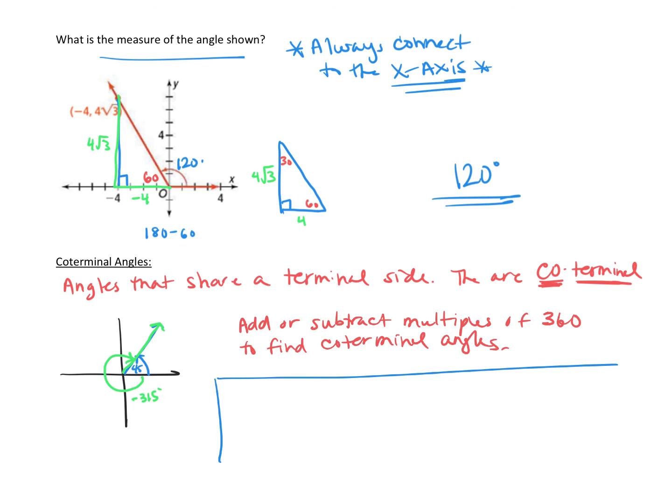So let's take a look at an example with a different angle measure. Let's find some coterminal angles with 120 degrees.